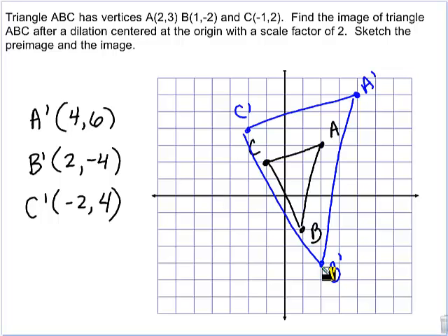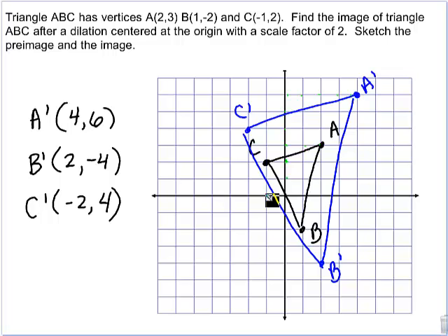Now I do want to show you another way how you could have gotten those points. And the other way is just by counting on your graph. So if we want to increase it by 2, if to get to A, I have to go 3 up and 2 over, the new A should be 6 up and 4 over. I just times them both by 2. Okay.